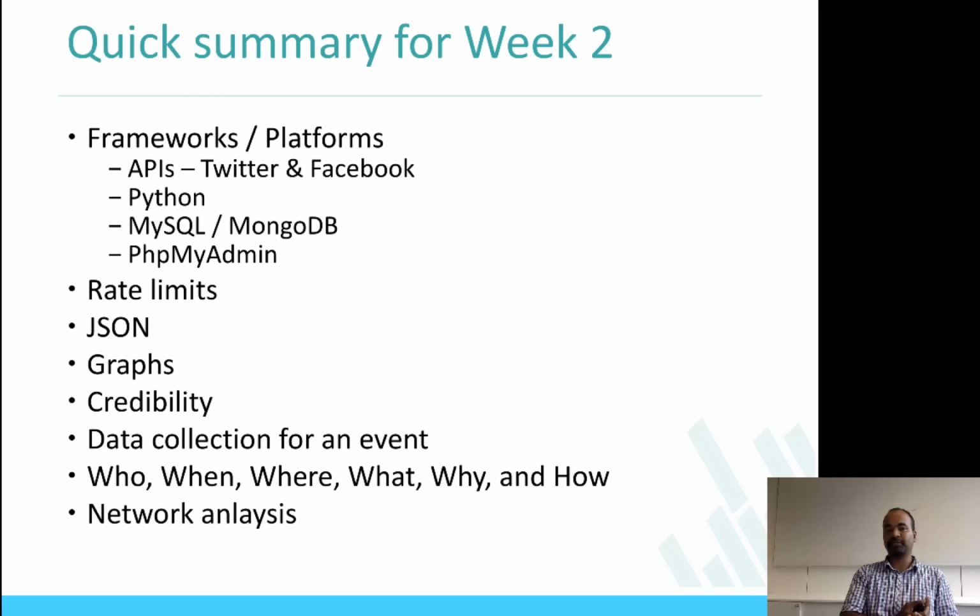We looked at classification as one of the major techniques that is used while deciding whether a post is credible or not. And during this analysis, I also told you about who, when, where, and what, why, and how, which are the basic questions that you can analyze using social media content. And specifically, we also looked at some social network analysis techniques and words. So that's for week 2.